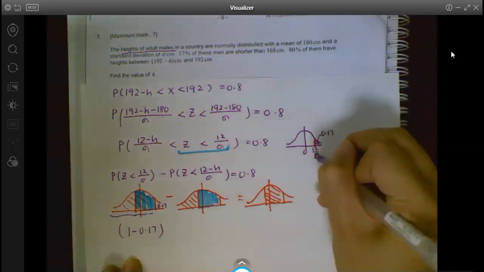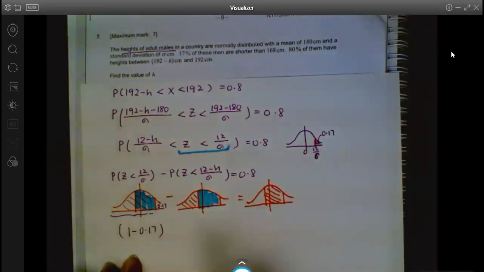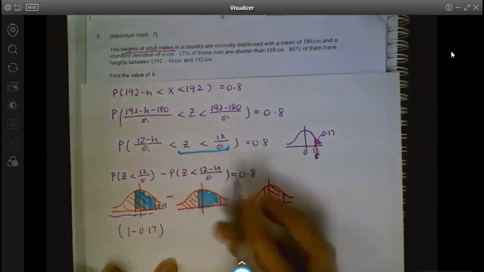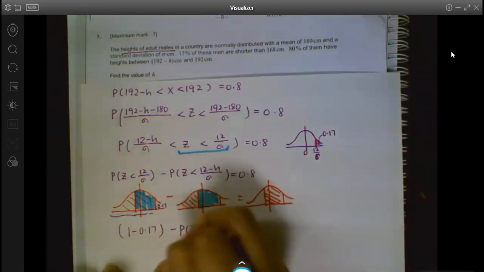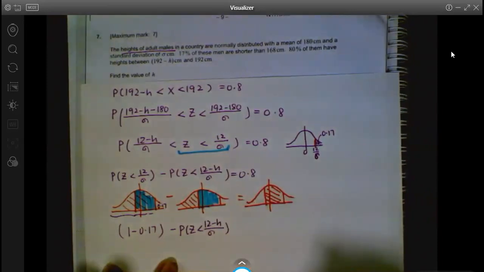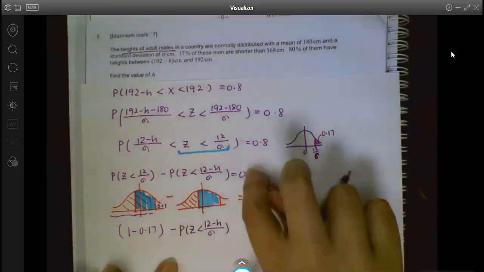This is sigma. Okay. We can't do anything about this part. It has h involved. I'm going to just write the same thing down. And I didn't do anything to 0.8.